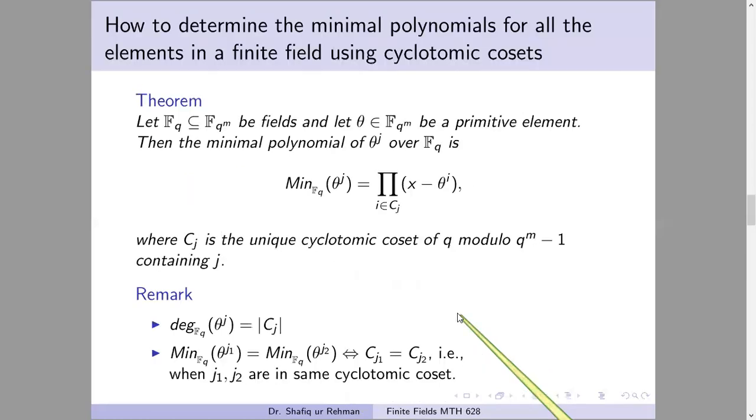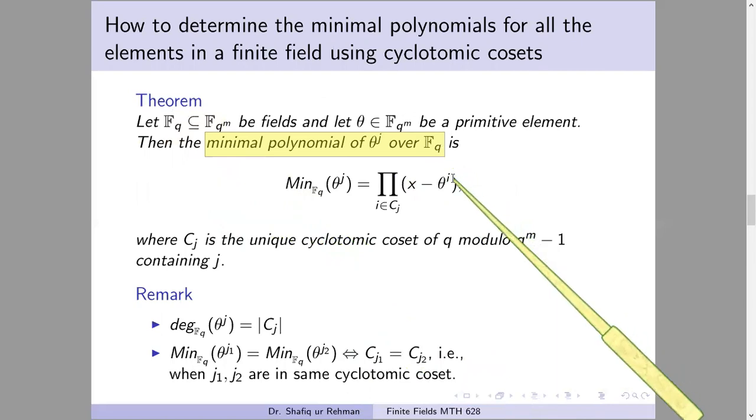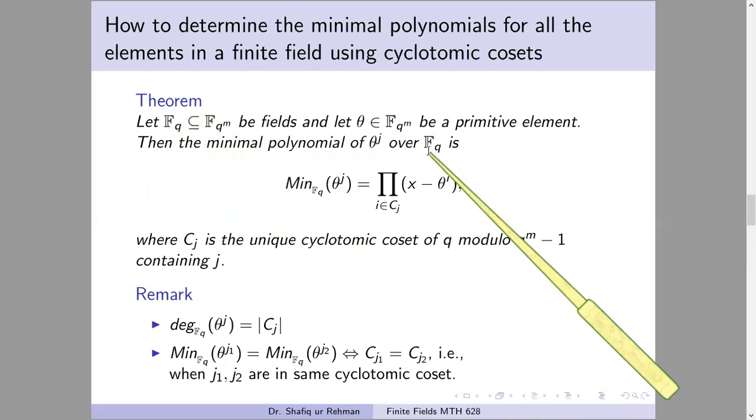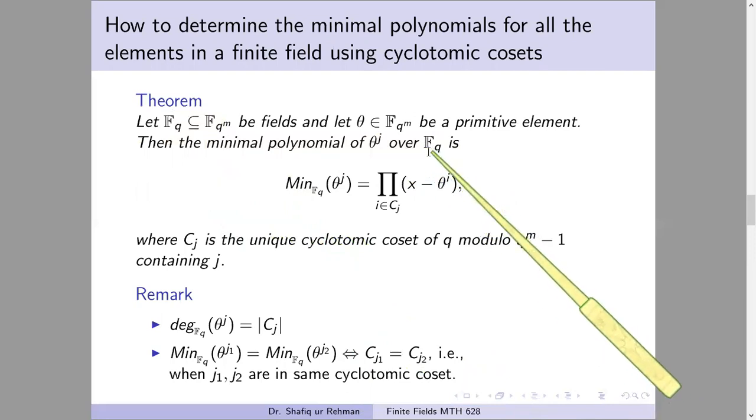So in this theorem, we have Fq contained in this, and this formula gives the minimal polynomials of theta power j over the field Fq. And it is important to mention the field over which the minimal polynomials are taken. That is, the field from which we will take the coefficients of the minimal polynomial, that is Fq.